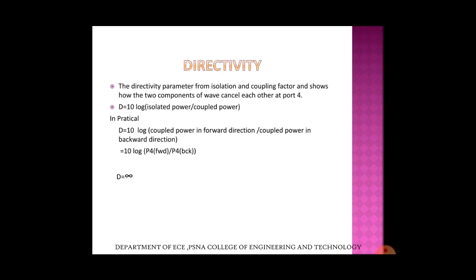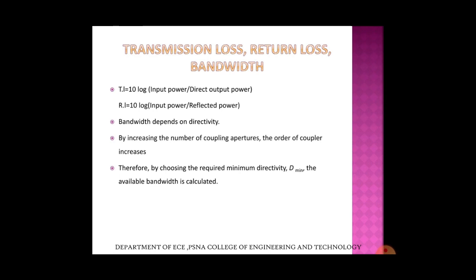So we rearrange it as the given formula, and we obtain directivity as infinity in our experiment. Apart from the coupling factor and directivity, we have transmission loss as 10 log of input power by direct output power, and return loss as 10 log of input power to the reflected power. Basically, the bandwidth depends upon the directivity.